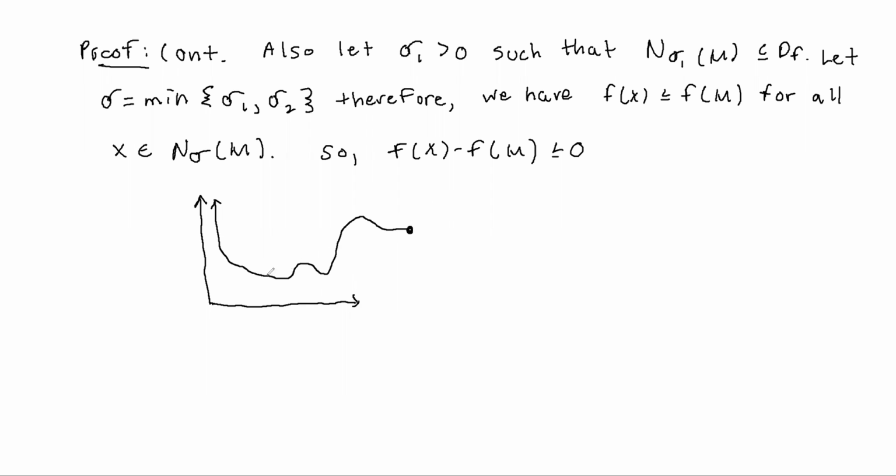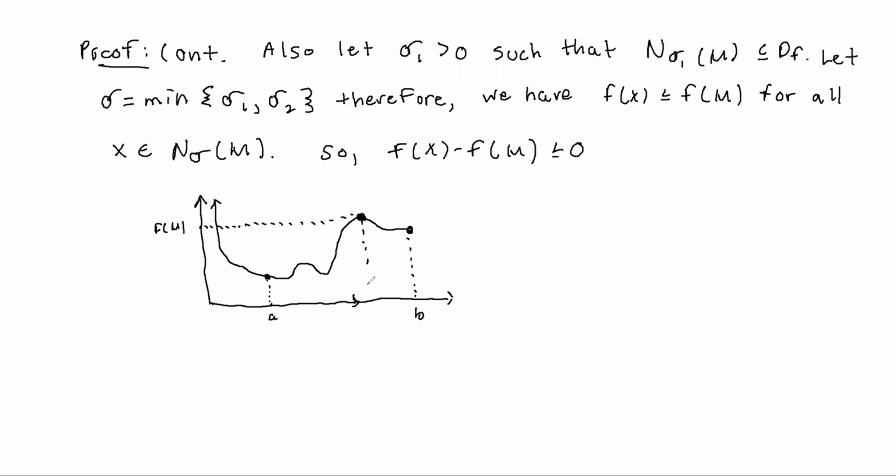We could say this is a, and this is b. Just by inspection, I can see that the maximum point would be right here. I'm going to call that f of mu.